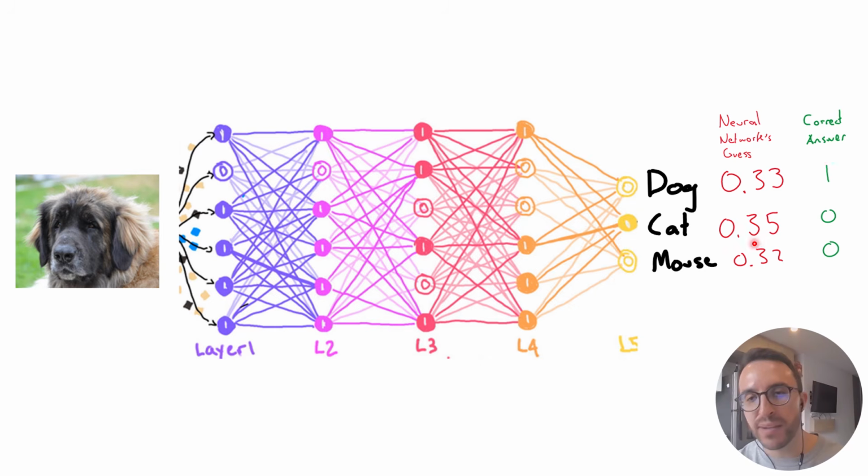The function that compares these three numbers with these three numbers and says how wrong the neural network was is called the loss function. It's similar to when we were doing the house example, predicting the line of best fit. Our loss function there was the sum of squares, remember? Our loss function in this case is a function that says how different the neural network's guess is from the correct answer.